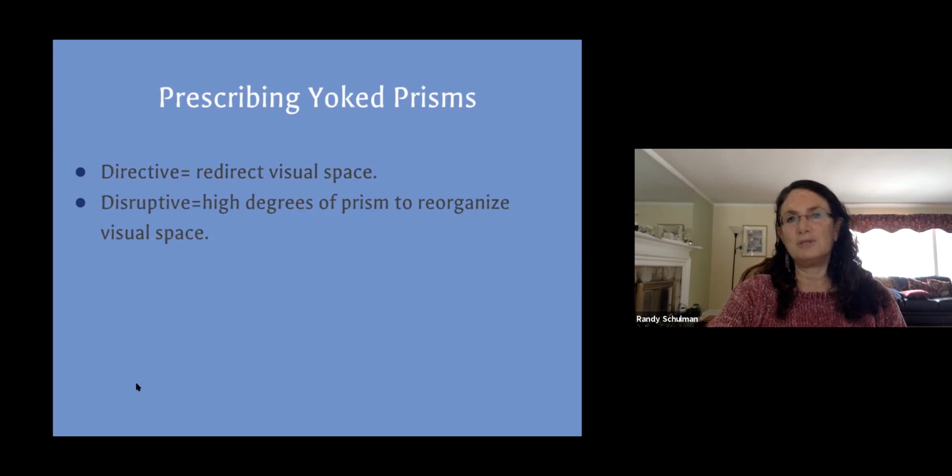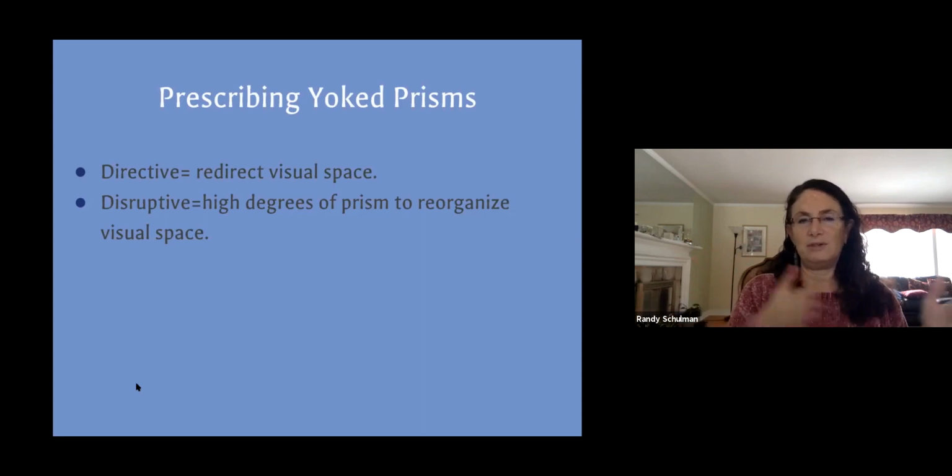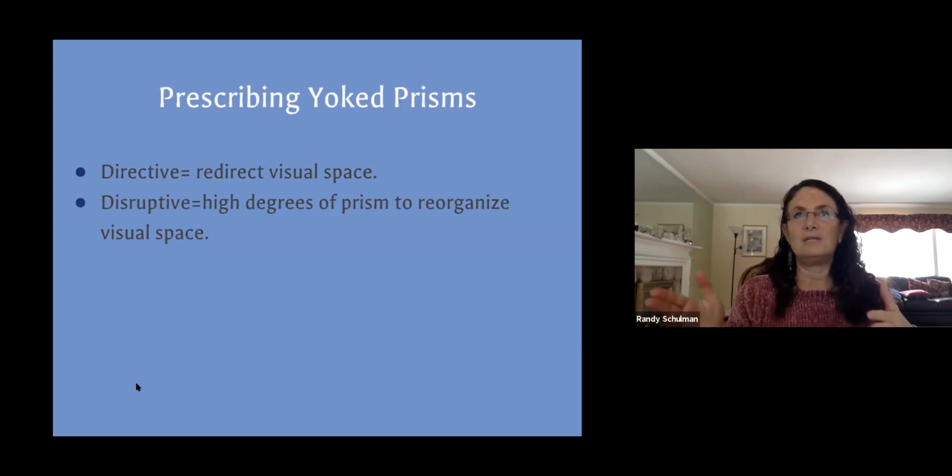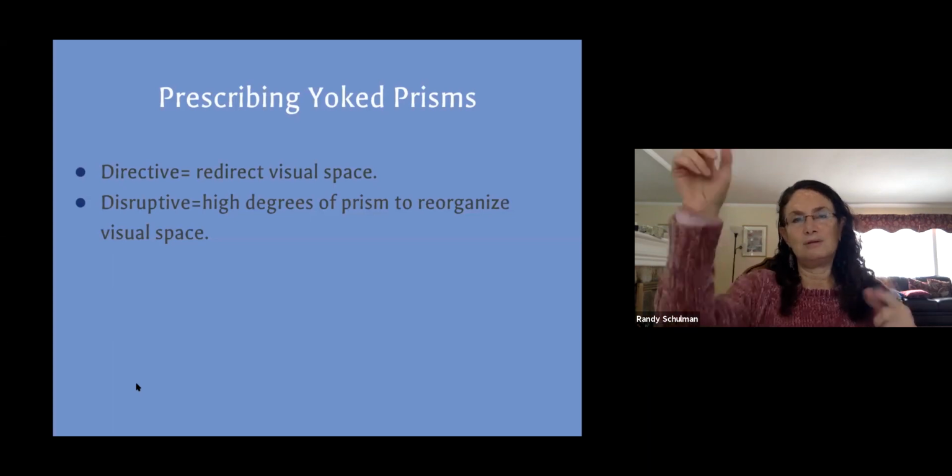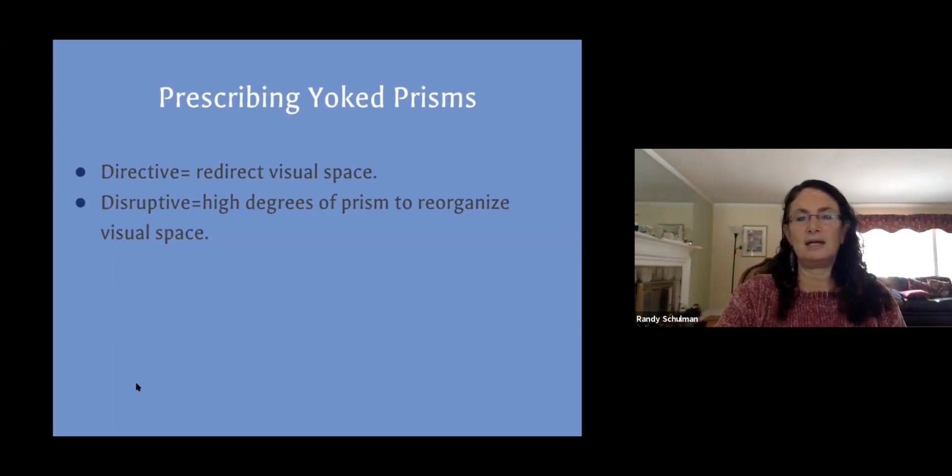You can use the yoked prisms to direct visual space, but you can also use it to disrupt. I've worked with a lot of patients with field loss. The one that I had yesterday has a left field loss. If you gave her base left prisms, which you would, to bring that field over to the right, she did better with just the AccuVision tag activity.